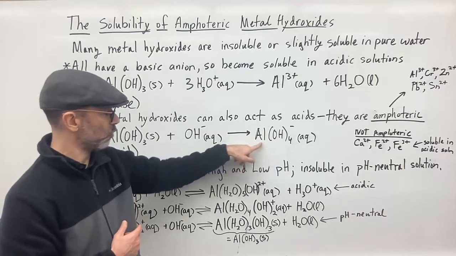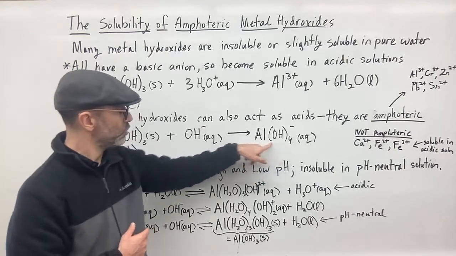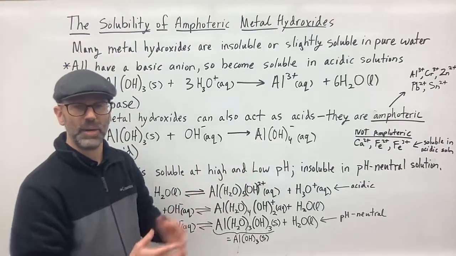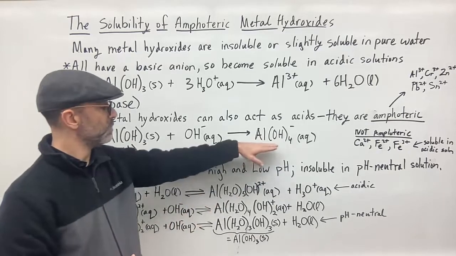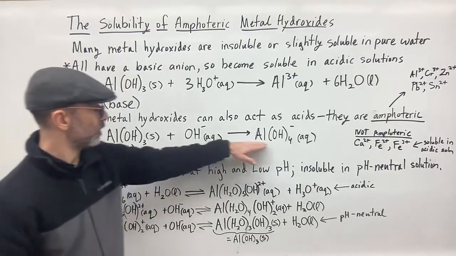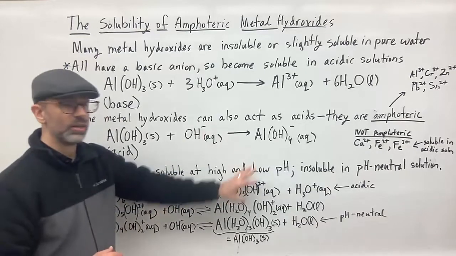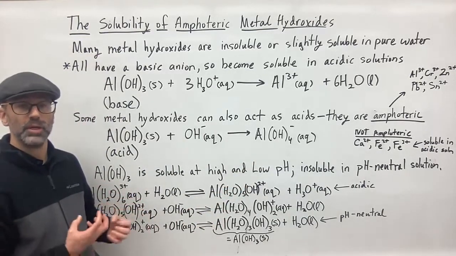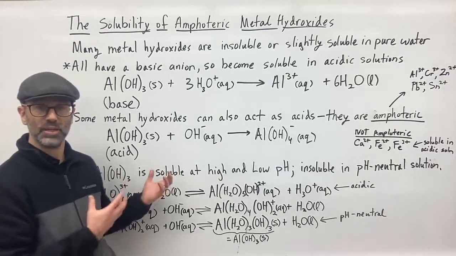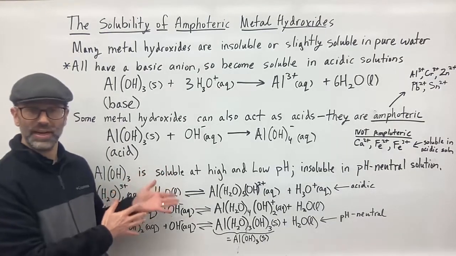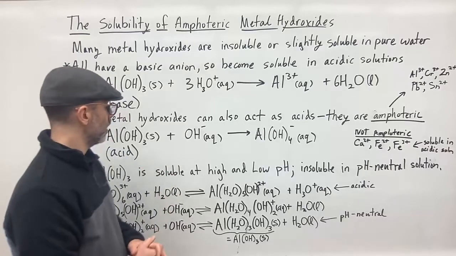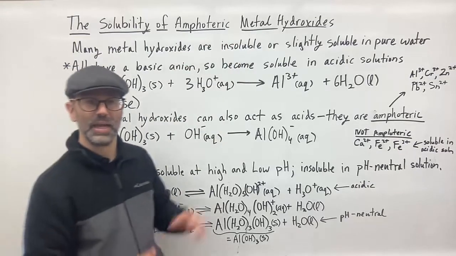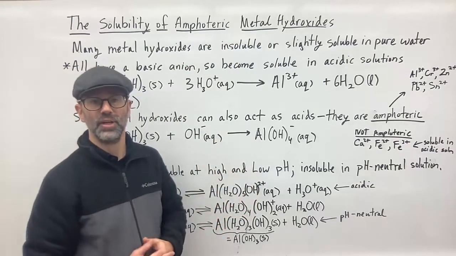We're not writing the waters here, but now we have 2 waters and 4 hydroxide ligands, and we can keep adding the hydroxide ligands as we add more and more base. So you can see here how aluminum hydroxide can be an acid or a base. We can dissolve the metal hydroxide, aluminum hydroxide, in an acidic solution or a basic solution.